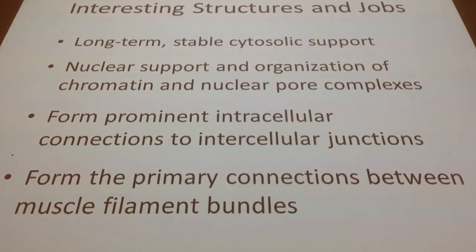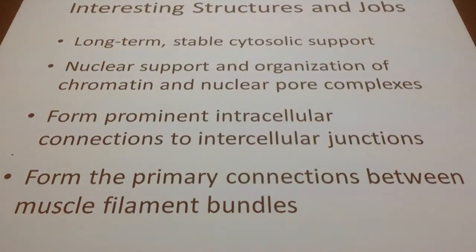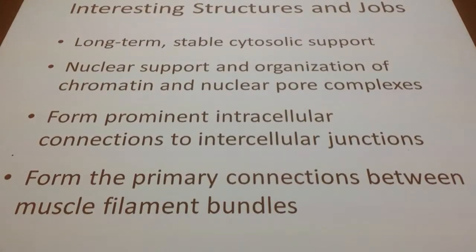Okay. So we talked about the difference between nuclear support versus cytoplasmic support. Right? So intermediate filaments in the cytoplasm will provide not only the shape of the cell, but support for the cell. Okay, so the support for that shape. Intermediate filaments in the nucleus also not only provide the shape of the nucleus, which is kind of roundish, but also the support for it. Right?